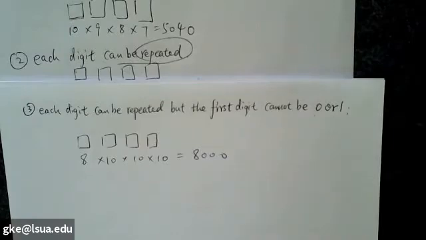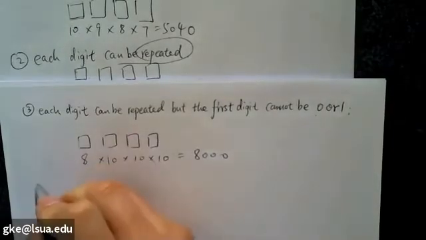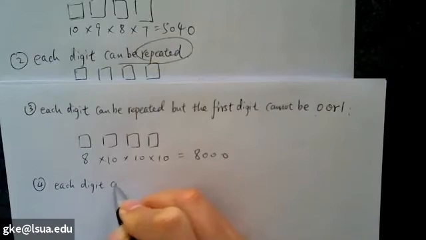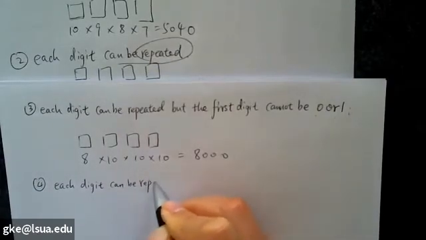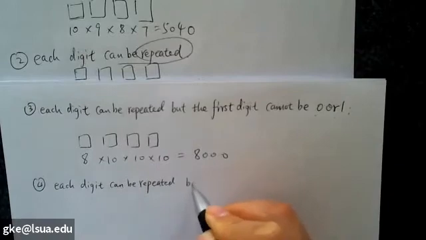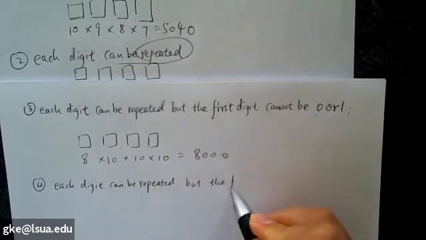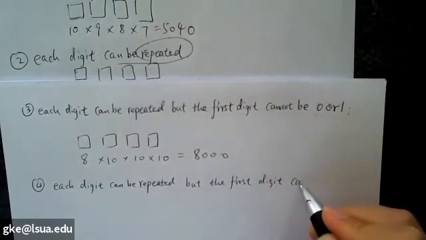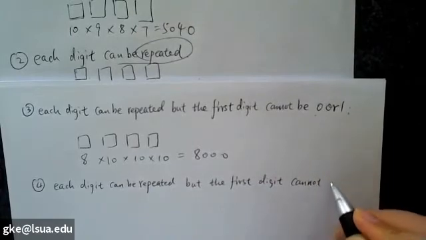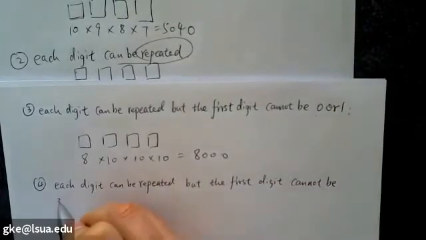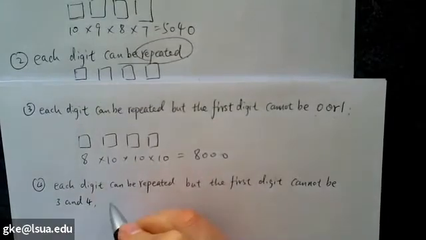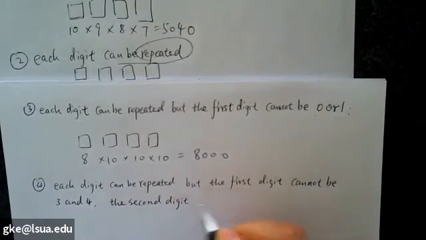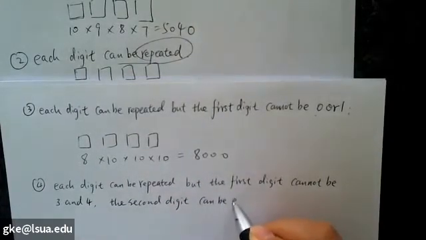Now the last one. Each digit can be repeated, of course. But the first digit cannot be 3 and 4. The second digit cannot be an even number.